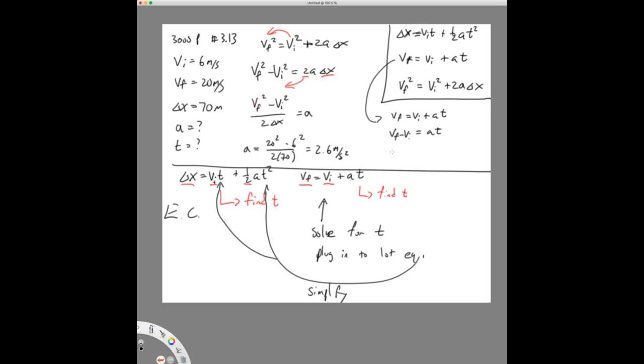And then we divide both sides by A. So T equals V final minus V initial over A. That is 20 minus 6 over 2.6. And that's about 5.4 seconds.